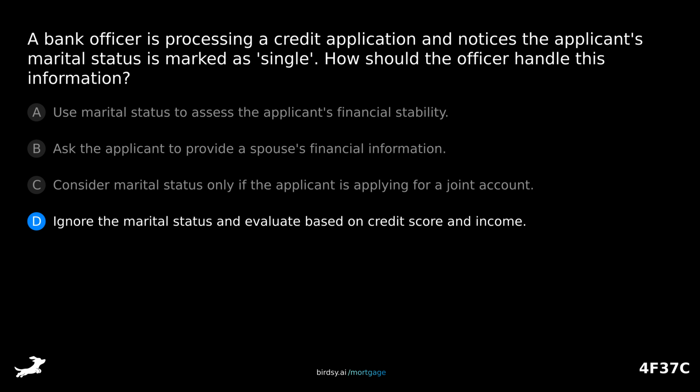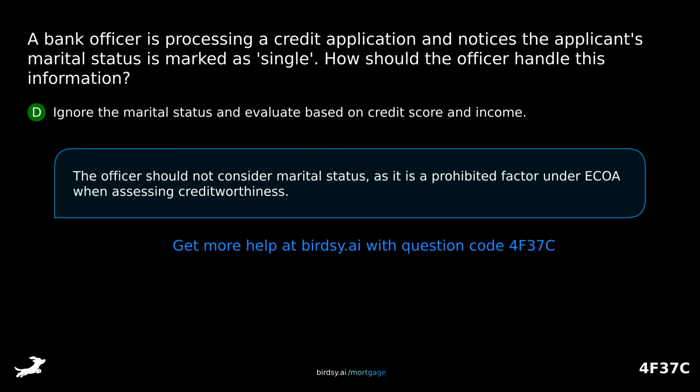Or D. Ignore the marital status and evaluate based on credit score and income? The answer is D. Ignore the marital status and evaluate based on credit score and income. The officer should not consider marital status as it is a prohibited factor under ECOA when assessing creditworthiness.